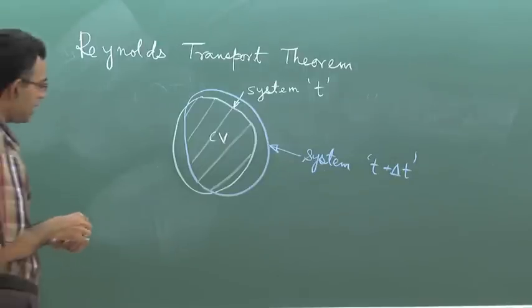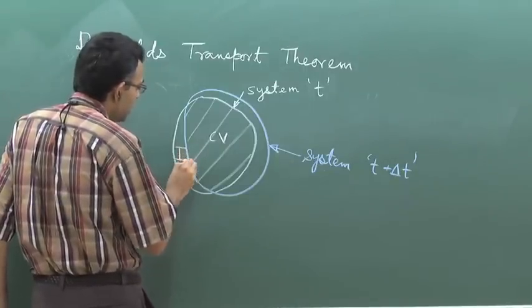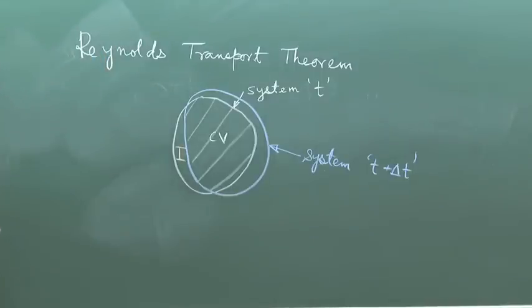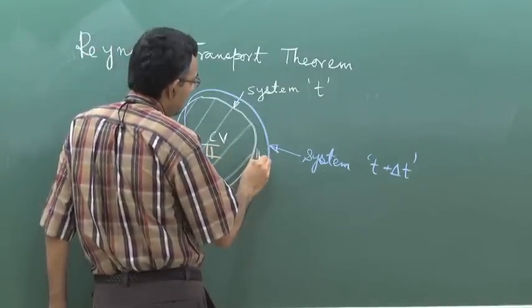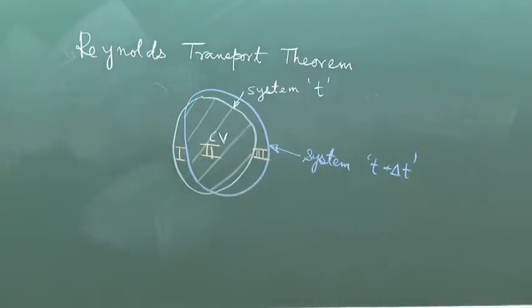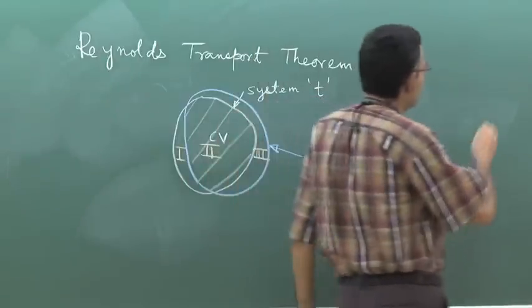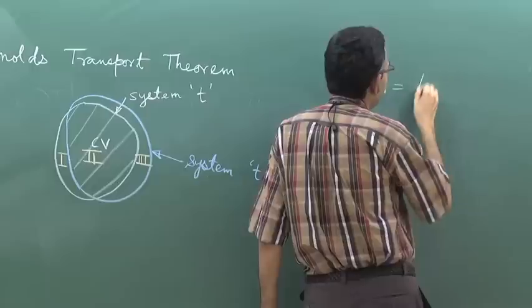Now this entire region can be divided into several parts. Let us say this is zone number 1, this is zone number 2 and this is zone number 3. Let us say that capital N is any extensive property of the fluid.